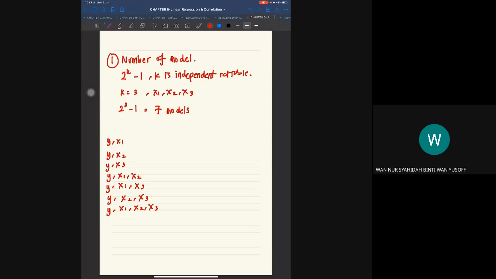Okay, so 7 models means 7 different outputs of Microsoft Excel.